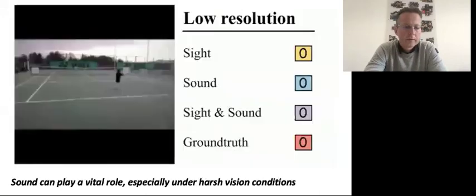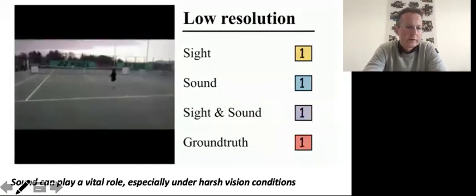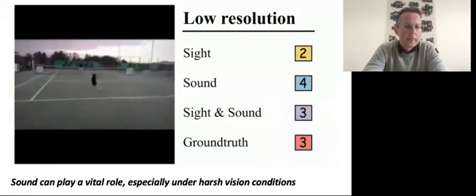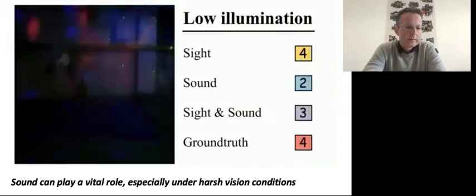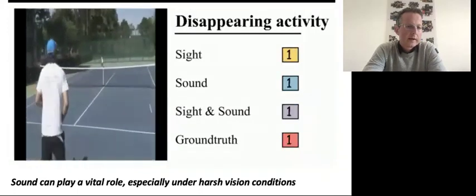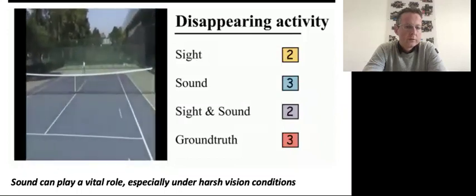And now let me show you some videos together with the sound. So here you see the video, here the prediction of the number of repetitions given the sight stream, the sound stream, and their combination, as well as the ground truth. So this is a low resolution video, but the sound is quite reliable. Somebody turned off the light, but the trampoline jump has a very characteristic sound. And despite this actor walking away out of the camera view, the sound continues as usual.